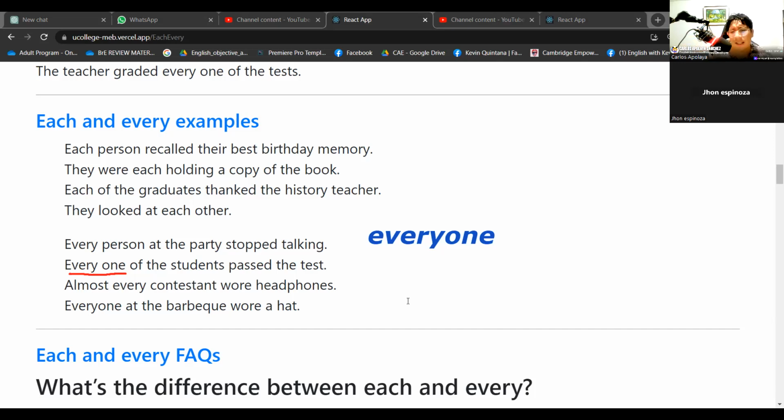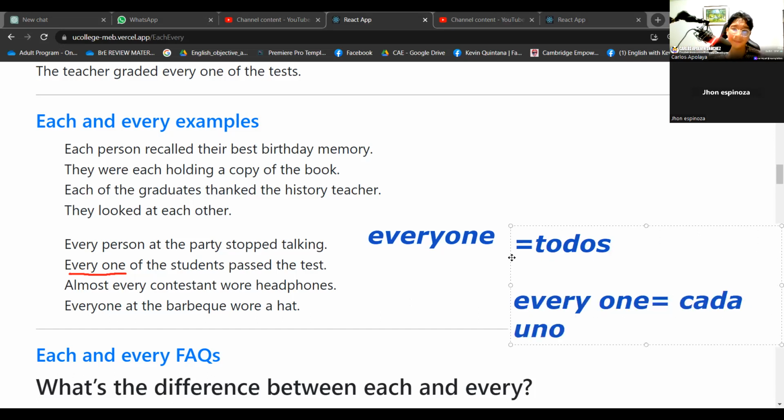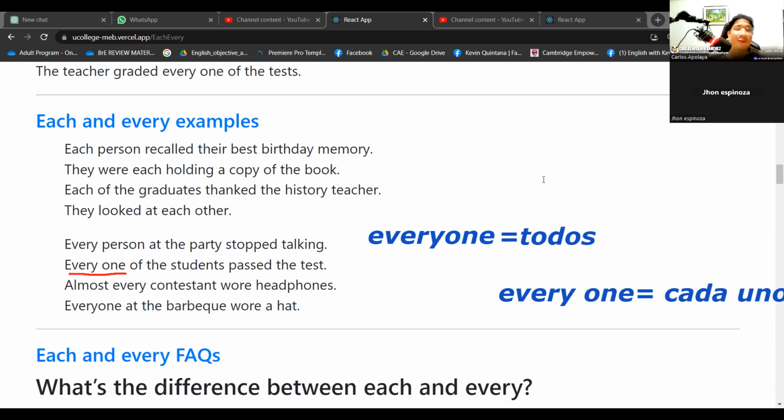No, to be honest, they're the same, but I prefer to use... remember that everyone means todos, but every one means cada uno, which is the same, right? Yes. It depends on what you want to say, how you want to say it. Sometimes I say everyone, or sometimes I say every one. Every one always works with plurals. Yes, every one of plurals, or each of in the plural.